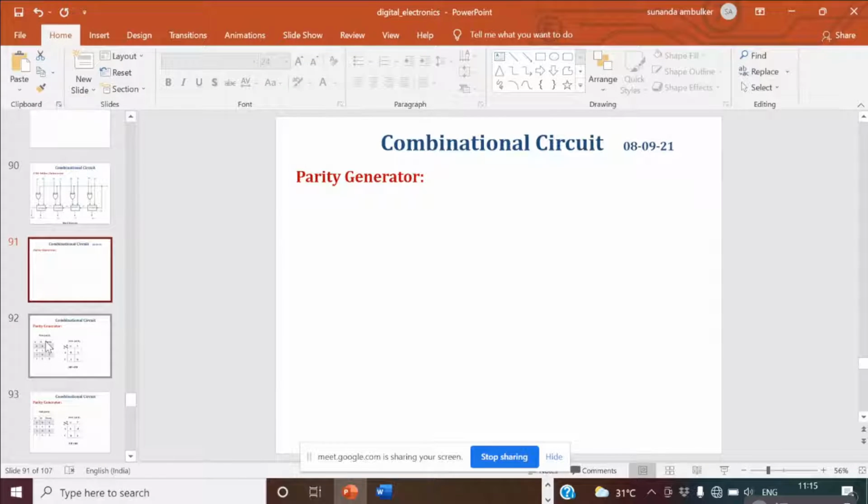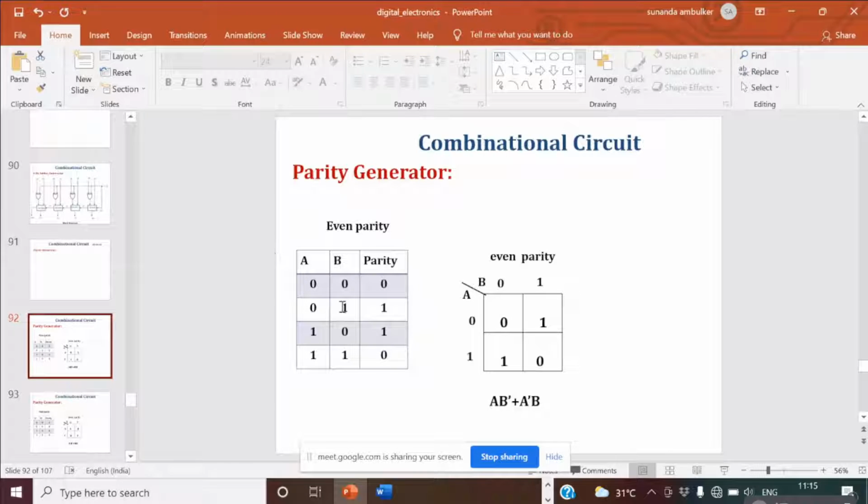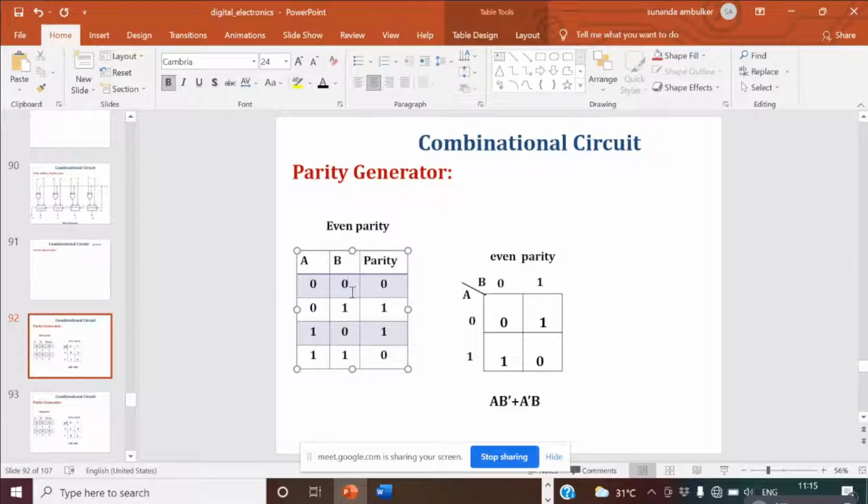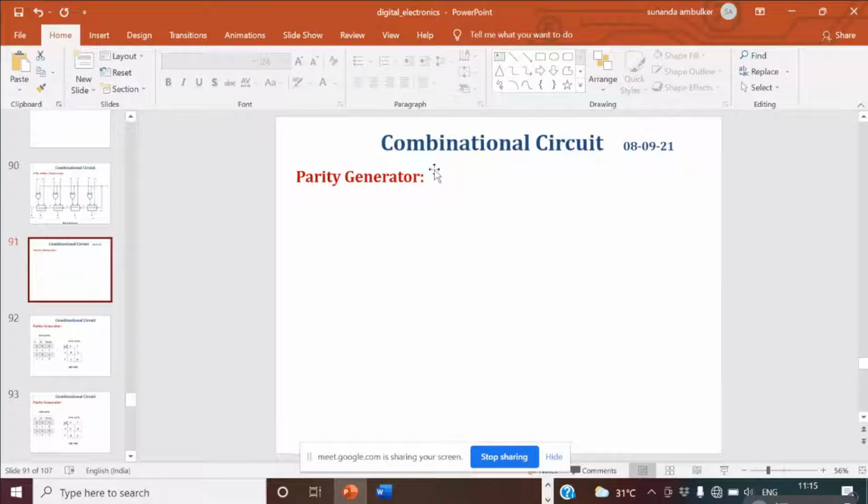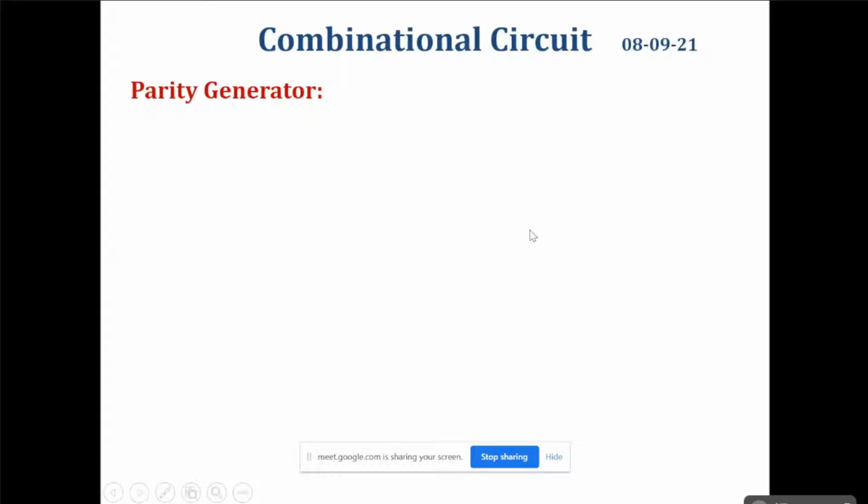Suppose we start from 2 bits. If the data contains 2 bits, how will we generate the parity bits for that 2-bit data?